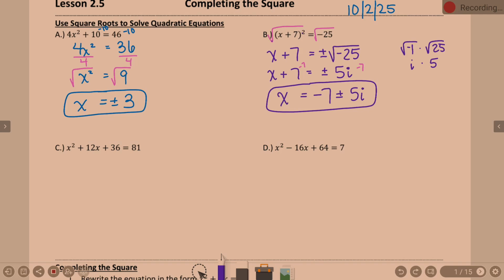Because one answer is negative 7 plus 5i, whatever that is. And the other answer is negative 7 minus 5i. Just like over here, we had 2 answers, positive 3 and negative 3. Are we okay with that? Okay. Now, C.